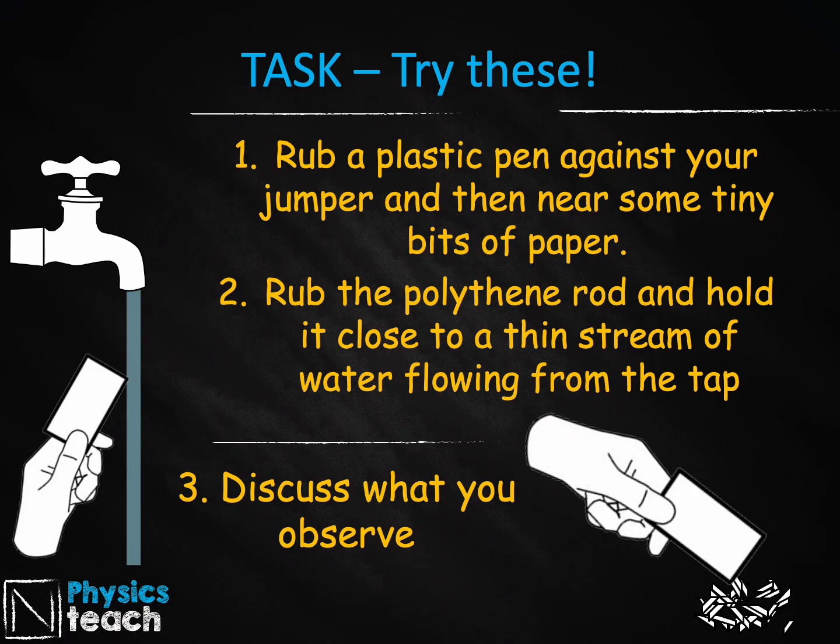Again, either with the woolly cloth here, building up the static, or against your jumper. Turn on the tap, and when you bring the rod near the tap, it will cause the stream of water to move. So will it attract to the rod, or will the rod push it away? That's what you're trying to figure out. Alright, I'm going to stop the recording for a second. You're going to try that.